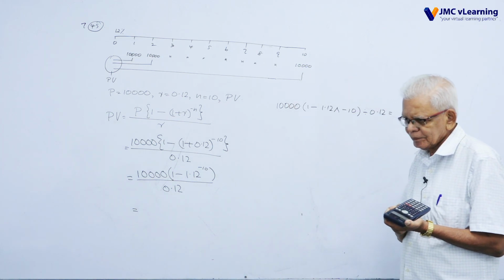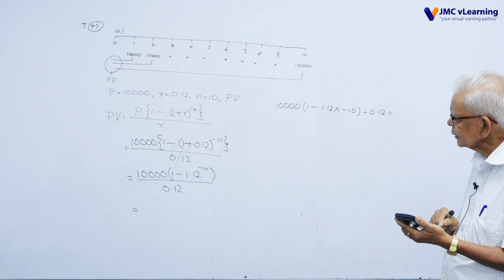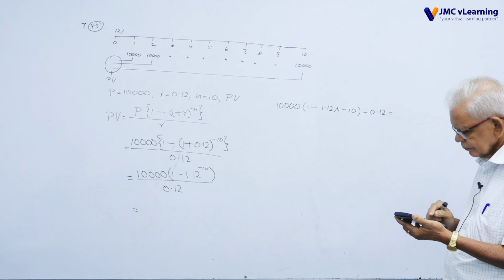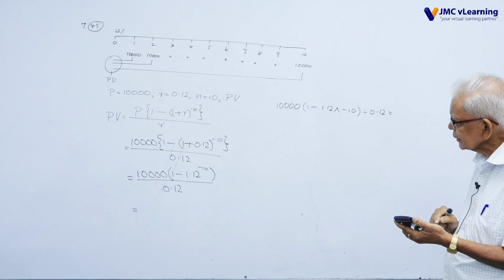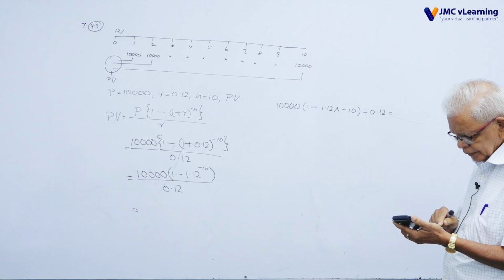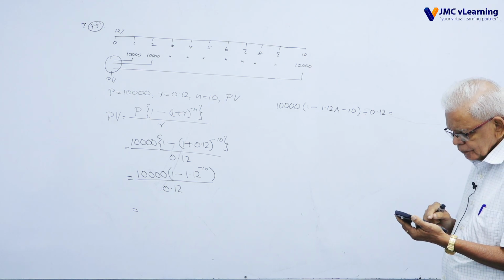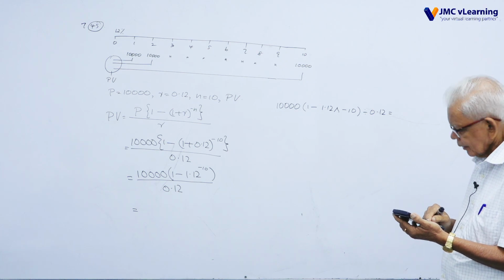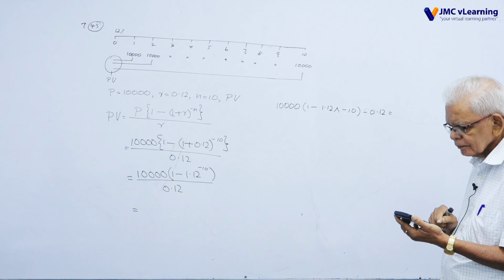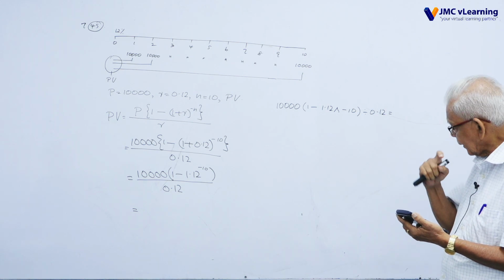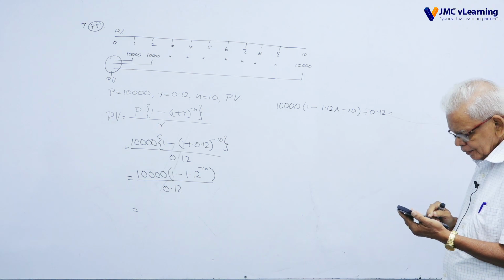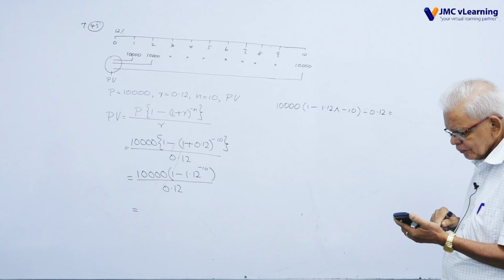This is how you type: 10,000, open brackets 1 minus 1.12 to the power minus 10, close the bracket, divided by 0.12.